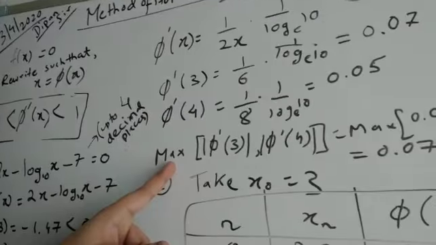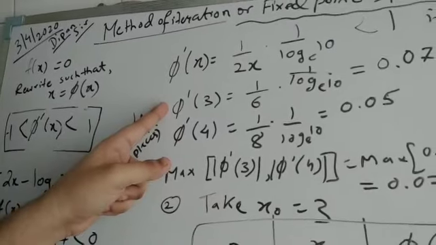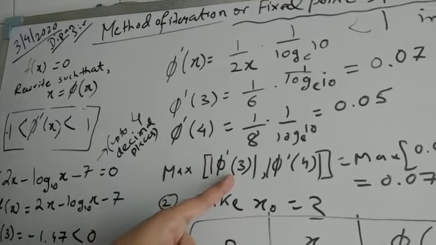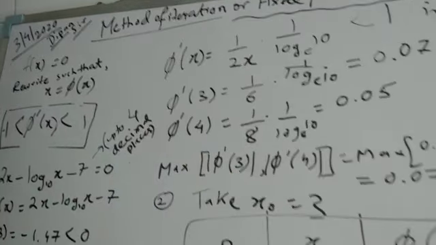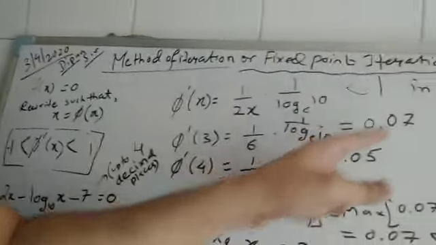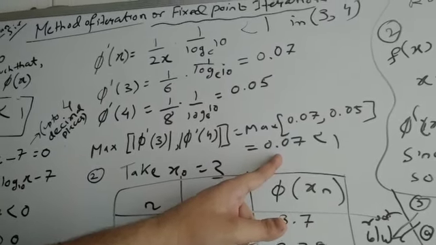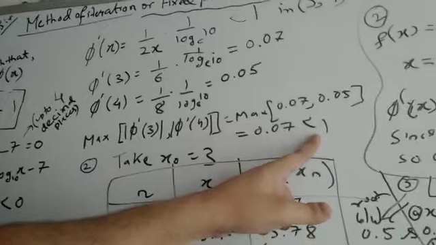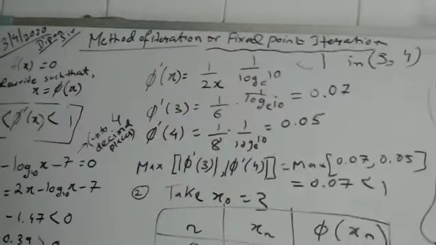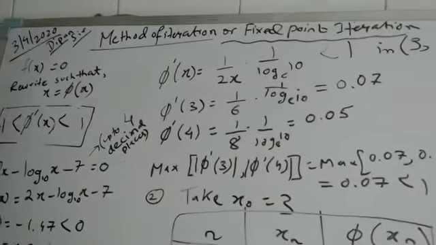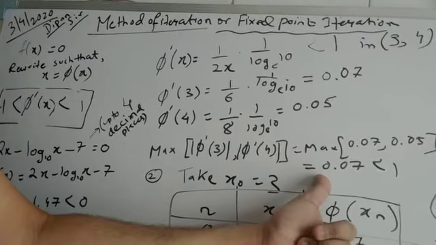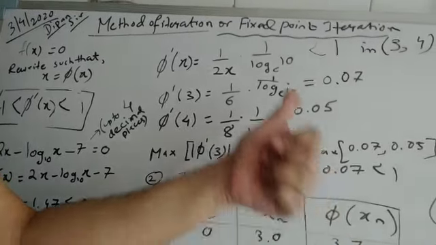Make sure you take the mod value. So what is the maximum value? Maximum value is 0.07 in this case, and it is less than 1. That means you can proceed with this method. The condition is satisfied.